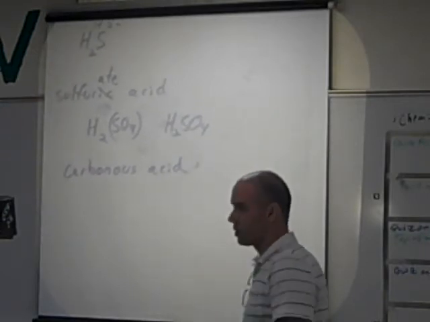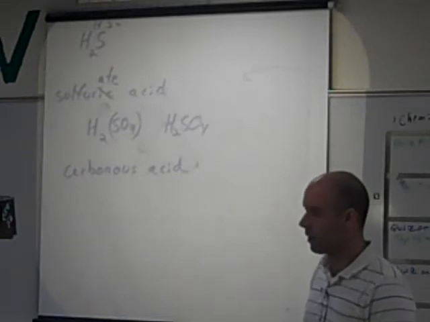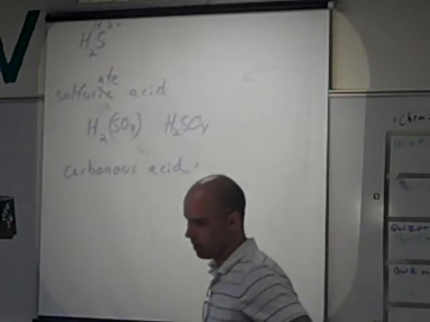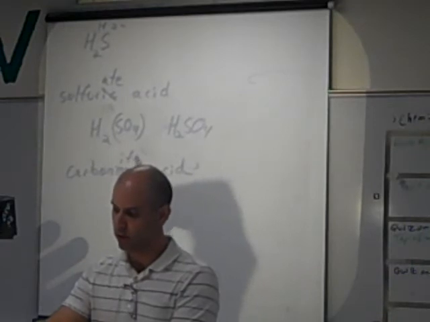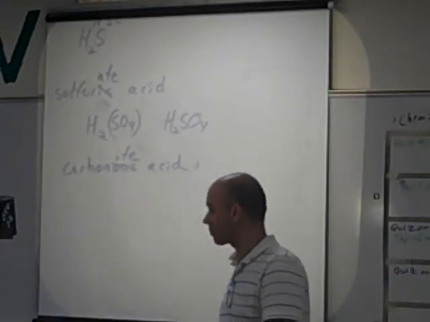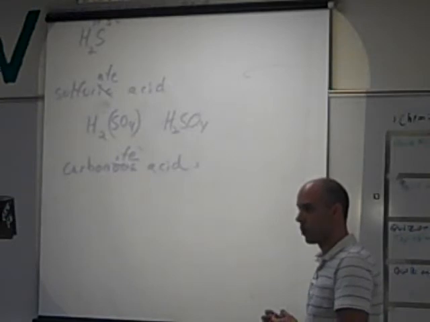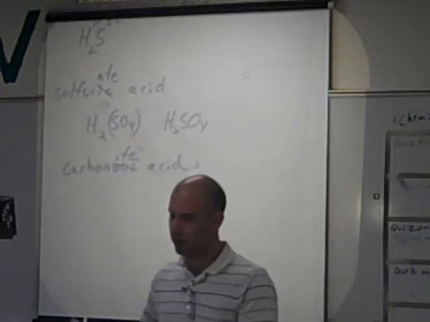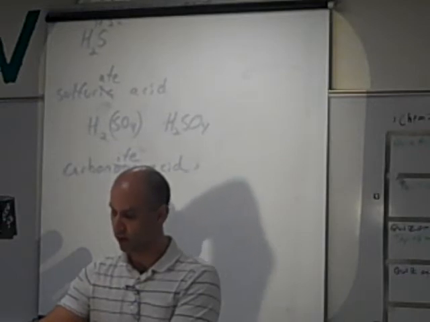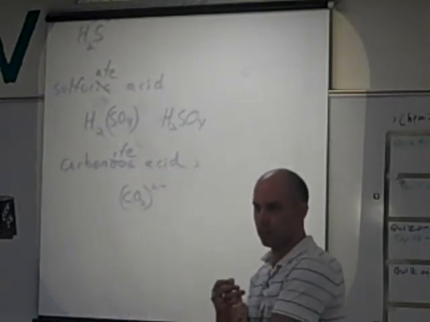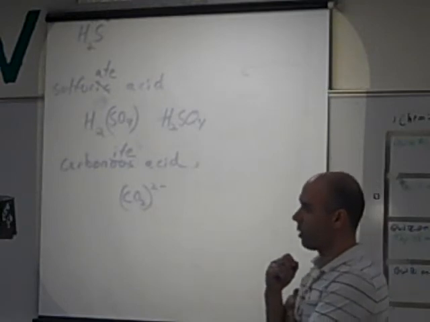So, does it start with hydro? No. Therefore, it's polyatomic, or a ternary acid. If it ends in OUS, change it to ite. So we go backwards. What is carbonite? CO2 with a 2 minus charge. Don't confuse that with carbon dioxide.